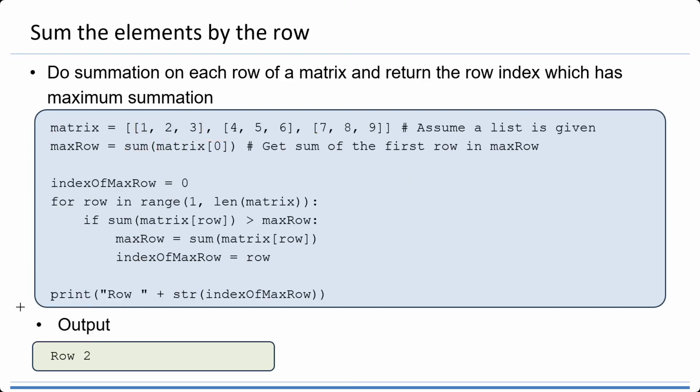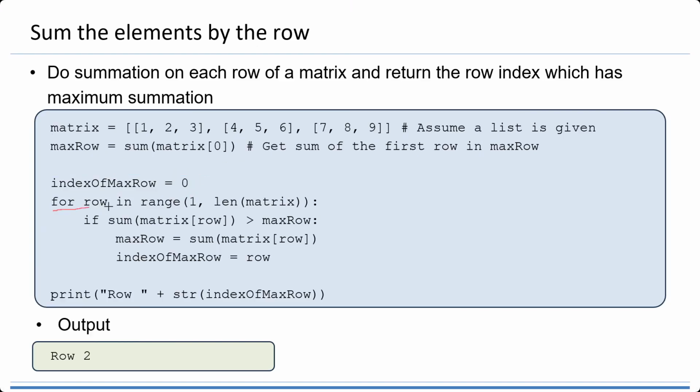Now we make a variable, index of maximum row. Let's suppose the index of maximum row is 0 for the first time, because we use the maximum row at index 0. So we make the initial value again at index 0.